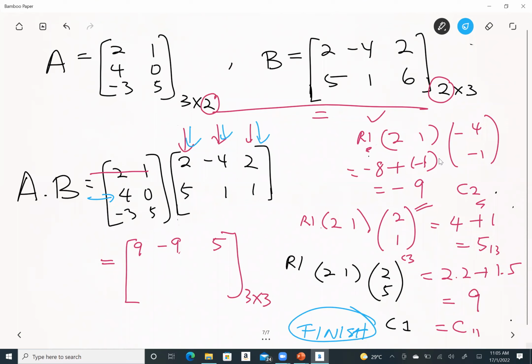Okay, good. Now, what we want to do next is that we are going to move on. We want to find the inverse of a matrix and the determinant of a matrix.